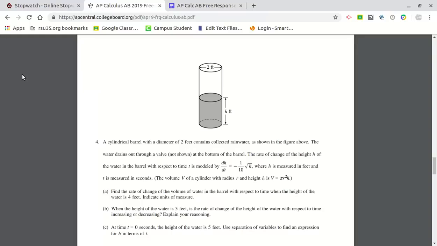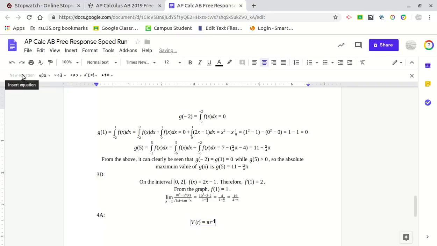V of t is pi r squared h. r is constant, so that becomes 4 pi h. So dV over dt, actually, I'm going to say V prime of t, it's easier, is 4 pi h prime of t, and then that becomes negative 4 pi over 10 square root h.